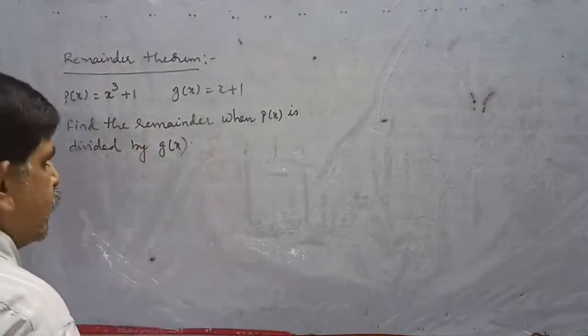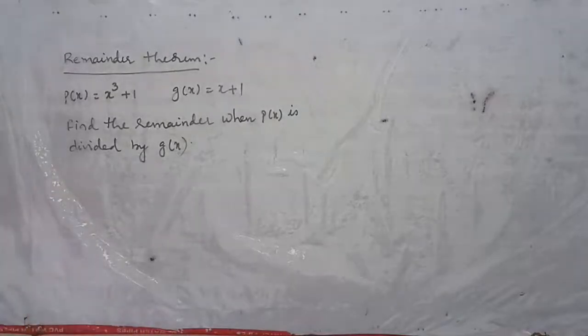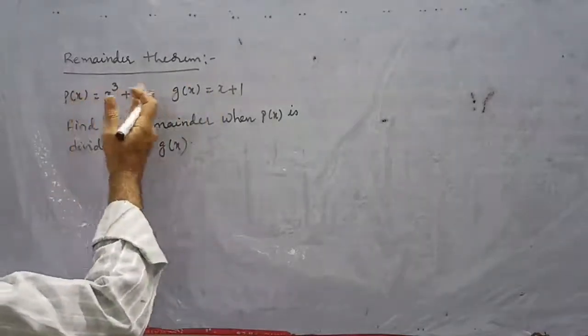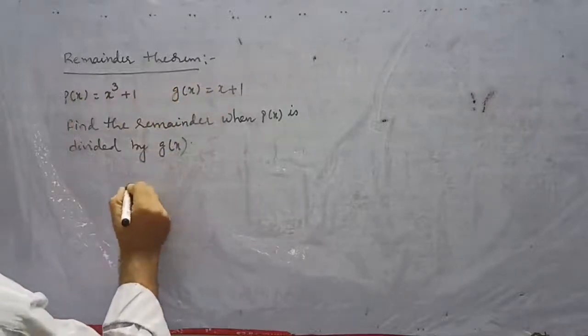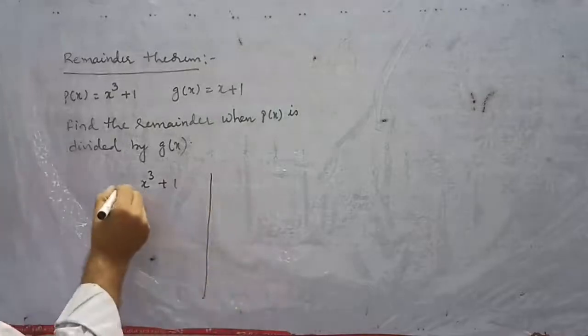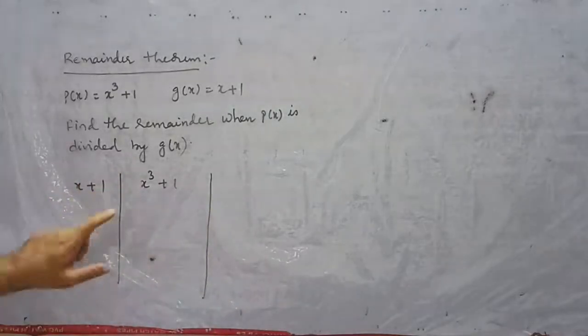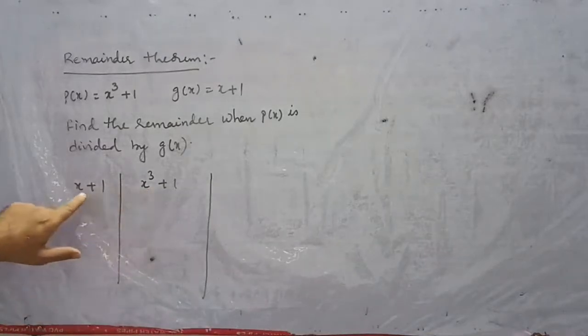Okay? We know that the division rule is divisor into quotient plus remainder is equal to dividend. So according to that one, we have to write this one as x cube plus 1 divided by x plus 1. Okay?